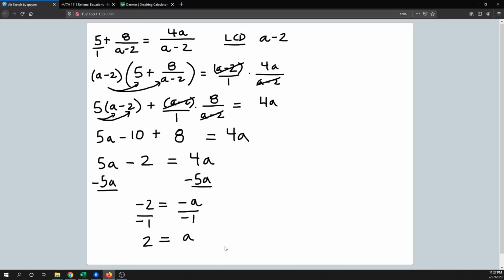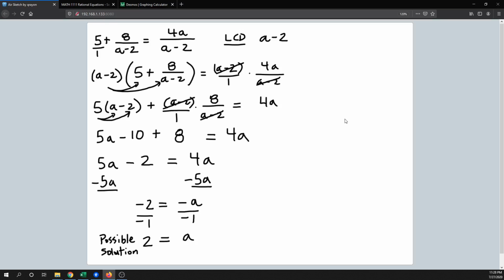So remember, because we multiplied our equation through by an LCD that had a variable in it, we must check our answers. So this 2 is only a possible solution. For the check, what we need to do is take that 2 and plug it into the LCD.